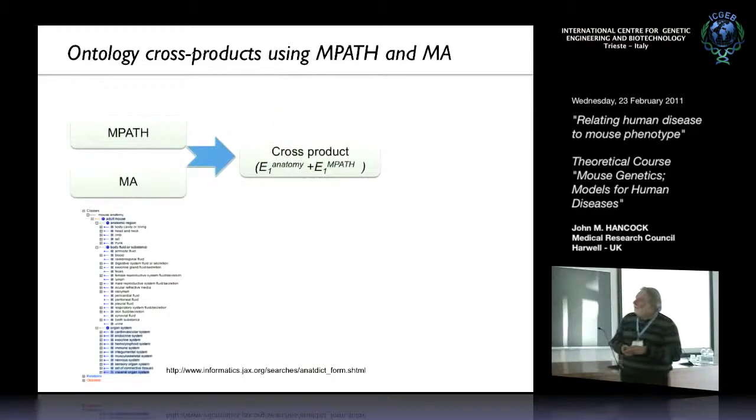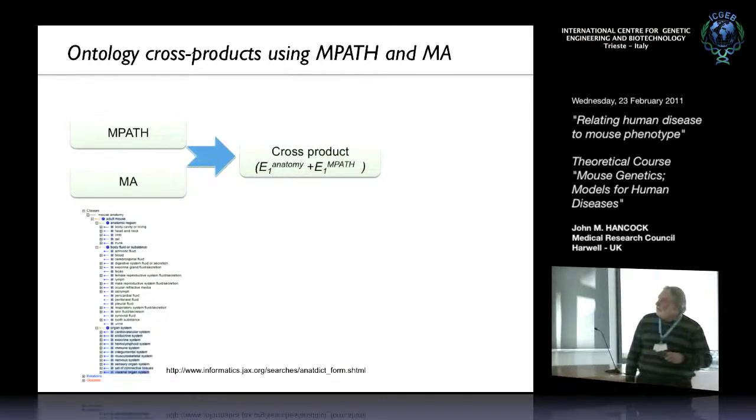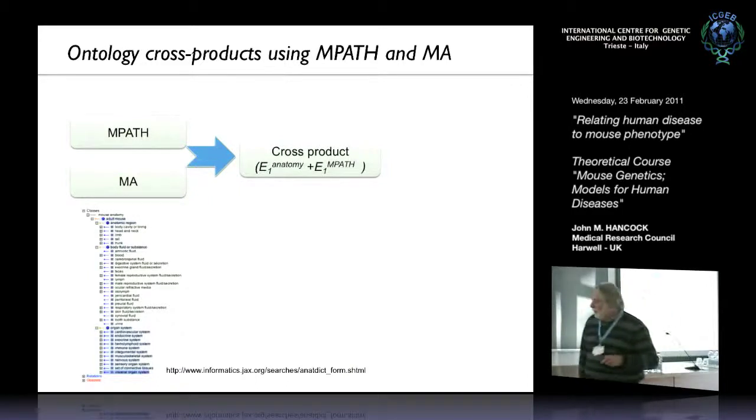And so a concept called the cross product has been introduced. A cross product is basically using two ontology terms to describe something else, and I'm going to use this more later on.